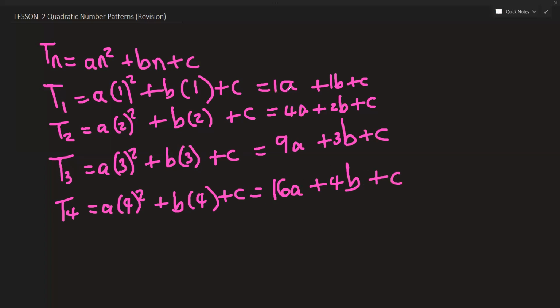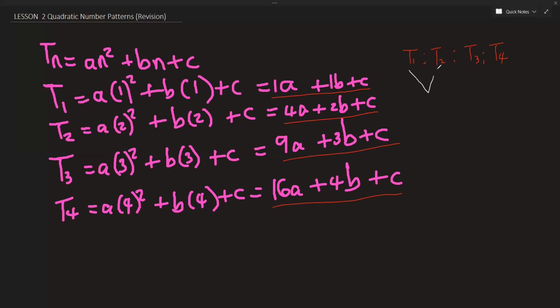So now let's chart these values: this is term 1, that's term 2, that's term 3, that's term 4.